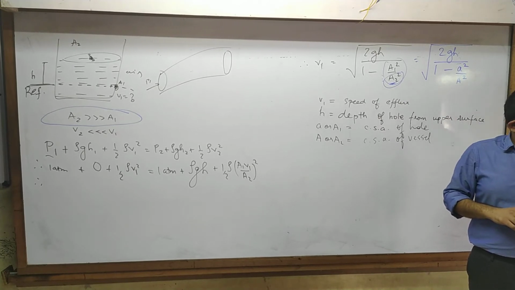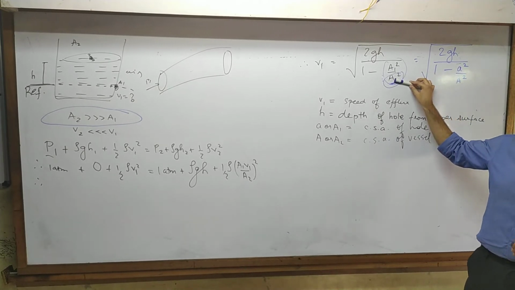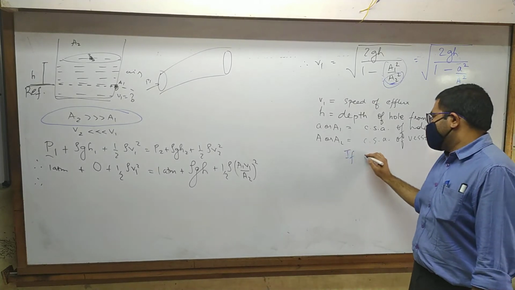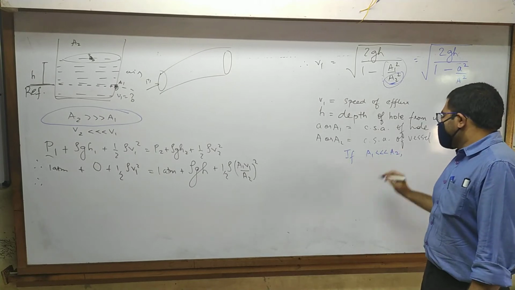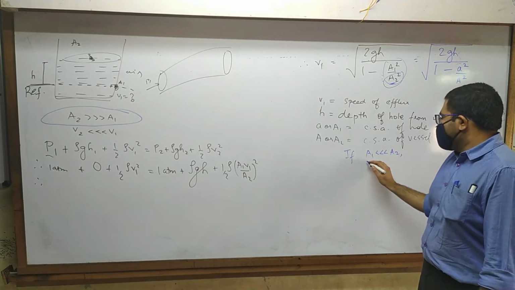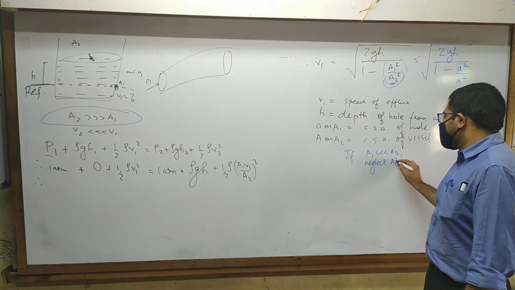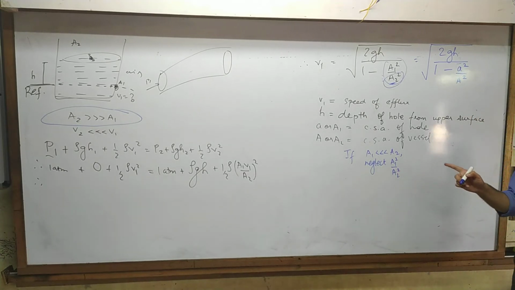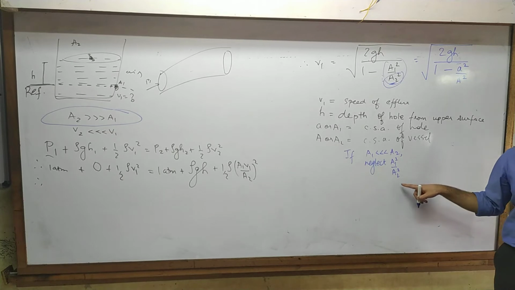So you could use that. If we consider that A1 is much less than A2, then we can neglect A1 square upon A2 square. You understand what I am saying?